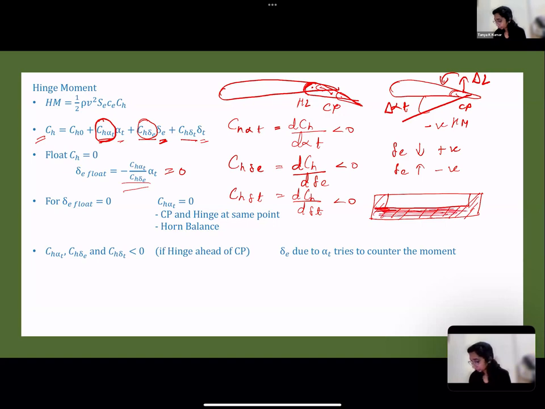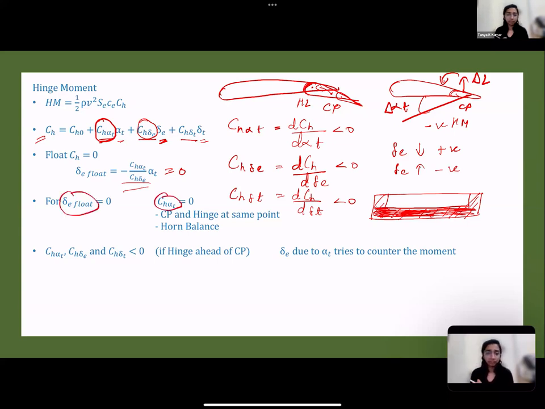The shaded area will produce the moment in one direction, counterclockwise or clockwise depending on how it's deflected, and the unshaded area would produce the reverse moment. So both the moments will cancel each other and you will have zero delta E float. Your CH delta alpha tail will be zero and hence delta E float will be zero.